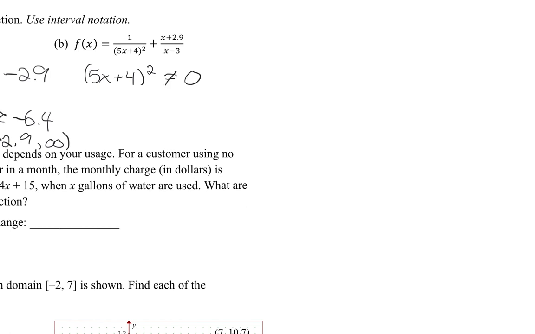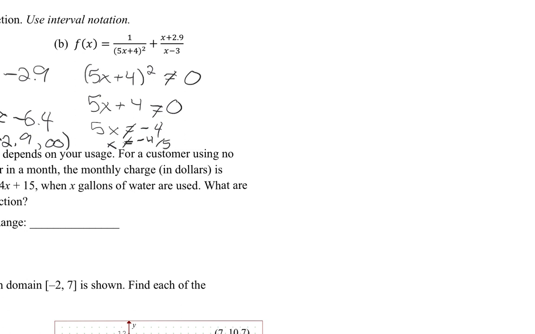So now, to solve for x, we're going to take the square root of both sides, which gives us 5x plus 4 on the left. The square root of 0 is still 0. We'll move 4 over, so we'll get 5x can't equal negative 4. Then finally, x can't equal negative 4 over 5.